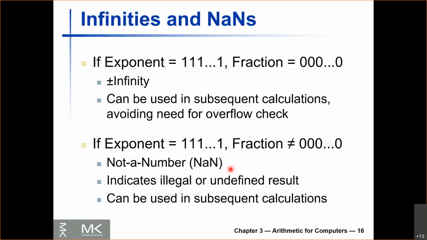But a NaN added or multiplied with anything else is going to continue to be a NaN. So this is what we use the reserved exponent that is all ones for. We use it to represent positive and negative infinity in the case of overflow, and we use it to represent NaNs in the case something illegal was done. Any questions about infinities and NaNs?